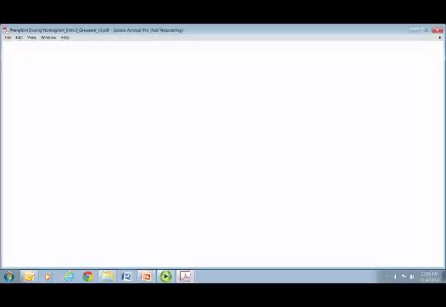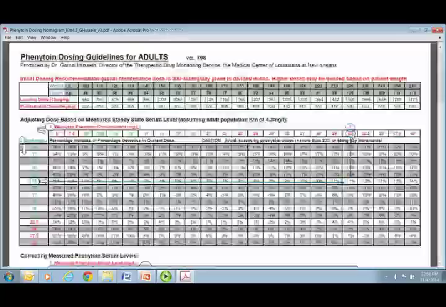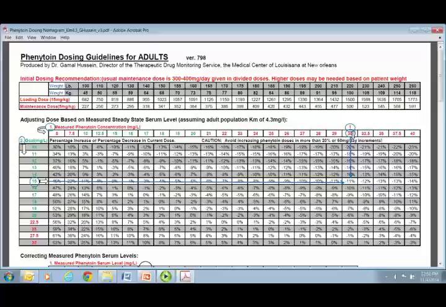I designed this to use it for initial dosage recommendation as well as adjusting dosage. So for initial dosage, you need the patient dosing weight, and we put it here. This is initial dosage.